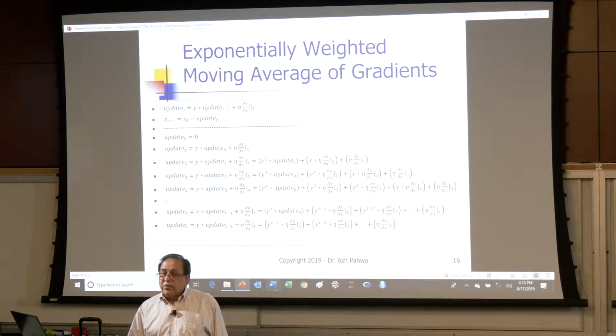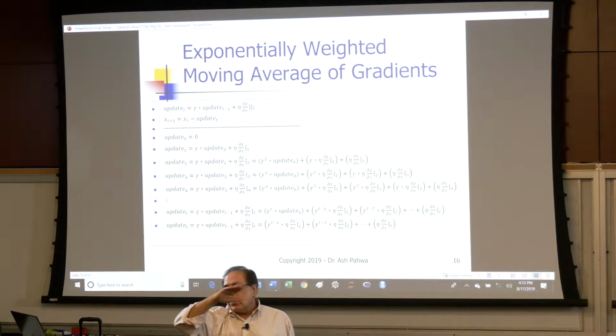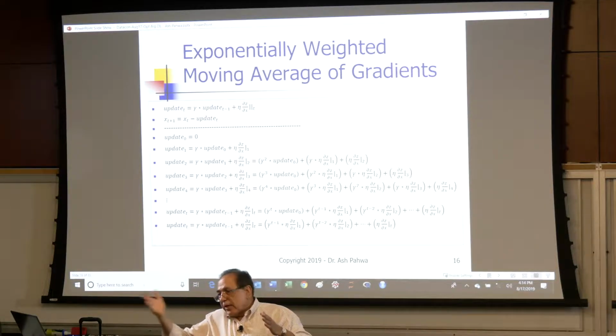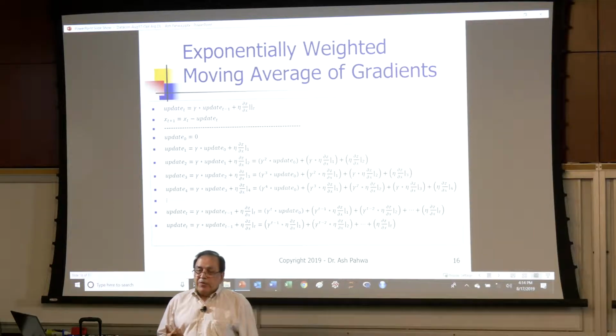And even on surfaces which are shallow, with a very light gradient, I can speed much faster. So I can basically converge much faster.